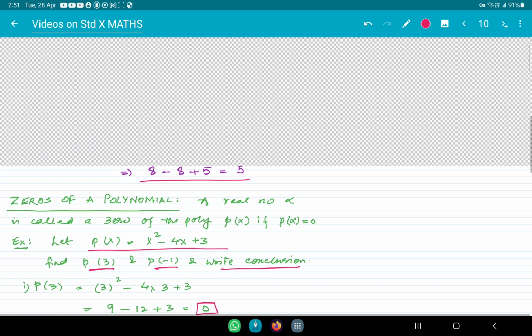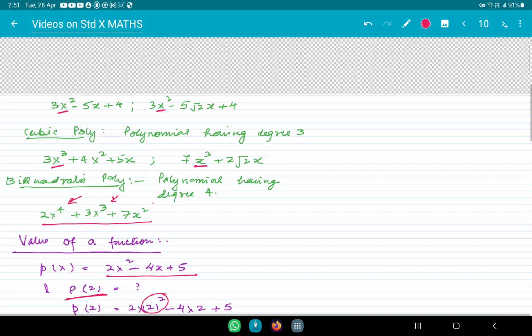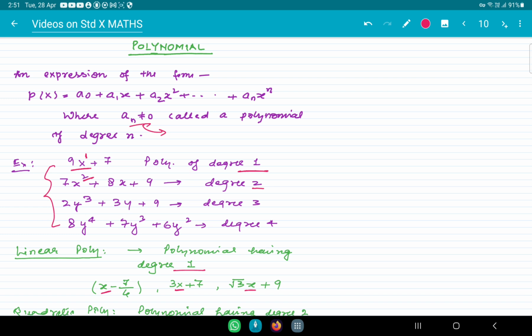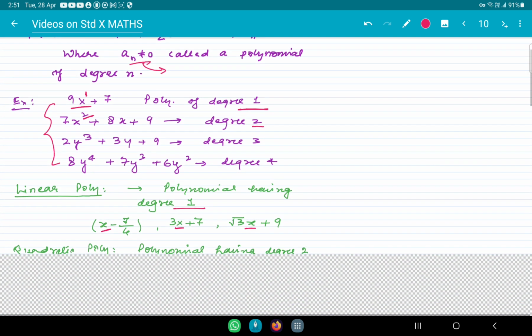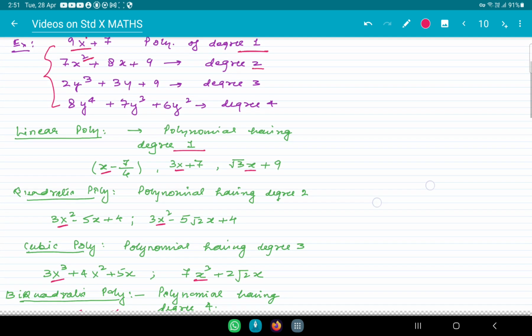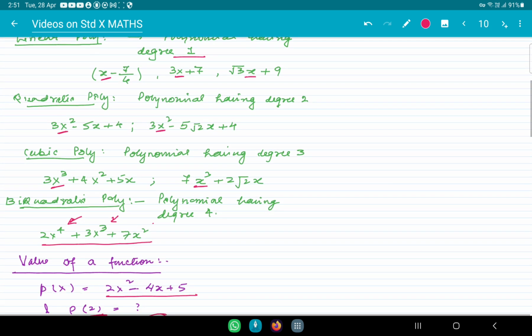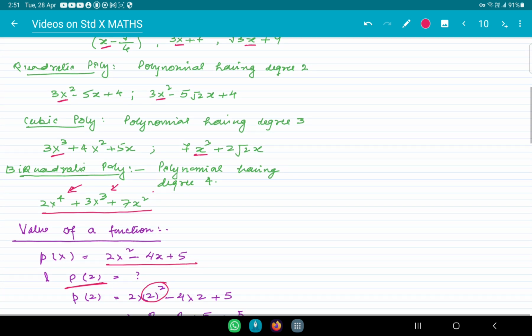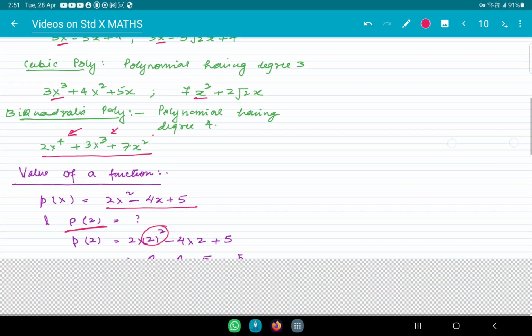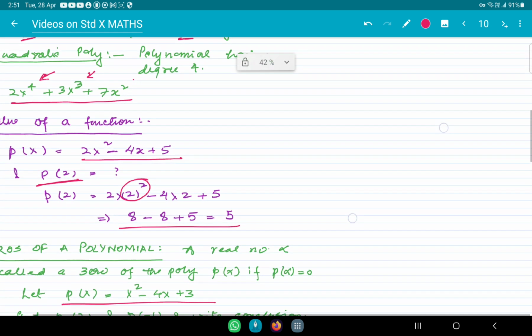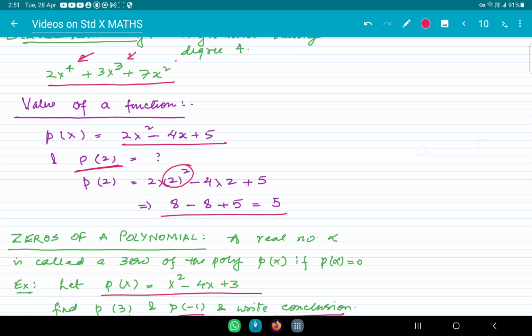polynomial, what a polynomial is, and how we know the different types of polynomial. Just revise it. There are 4 kinds of polynomial: linear, quadratic, cubic and biquadratic. Then we saw how to find the value of a function. Just put whatever number they give you and you will find the value of the function.